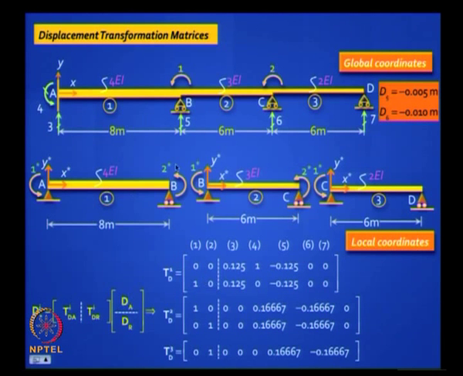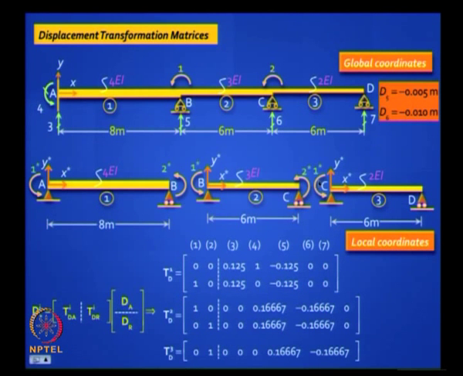If I apply D1 equal to 1 here, well, we have two elements here. One is the element in the matrix and you have the actual beam element. Okay. So when I say element, I am referring to the element in the matrix. The second element in the first beam element will be 1 and the first element in the second beam element will be 1 and the rest will be 0.